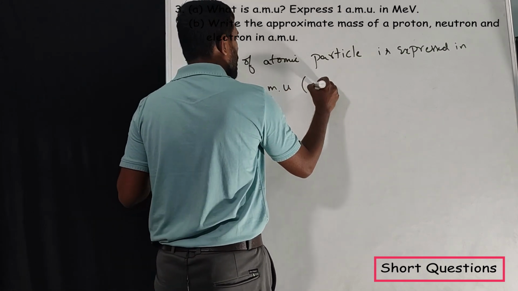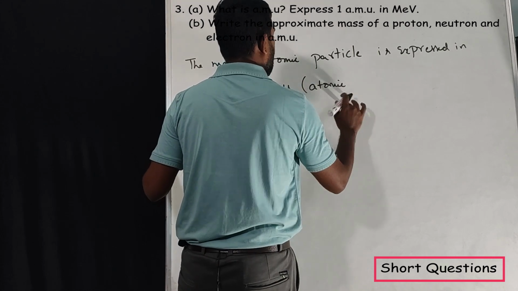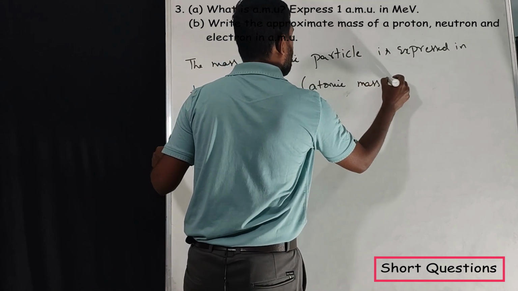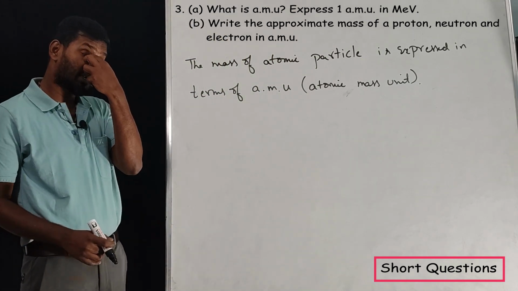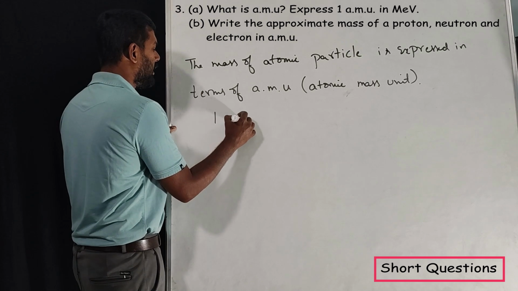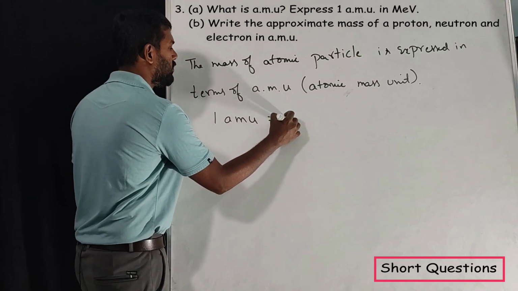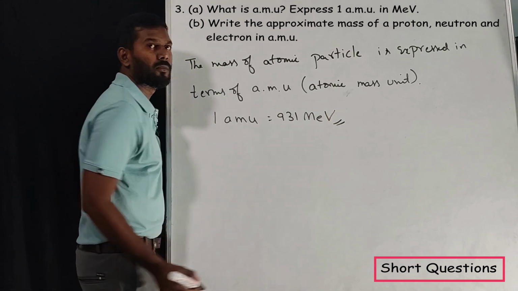What is AMU? Atomic mass unit. And they are also asking to express 1 AMU in mega electron volt. 1 AMU is equal to 931 mega electron volt.